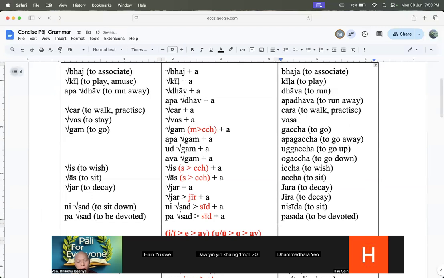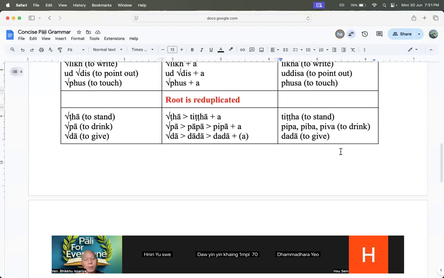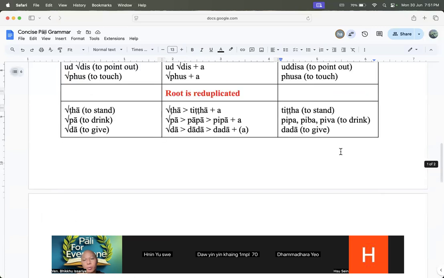So wasa and then to stay in this way. So that is why this one is connected with the rule though.